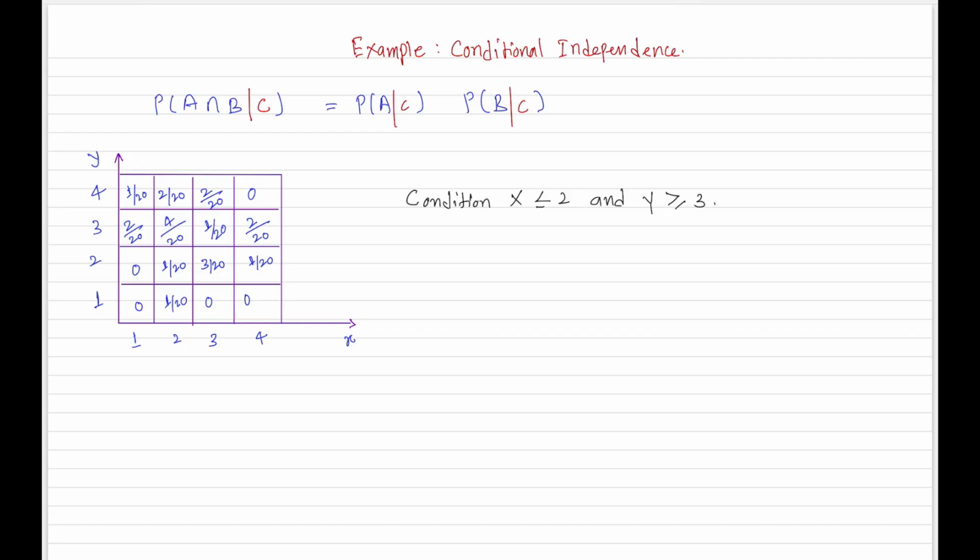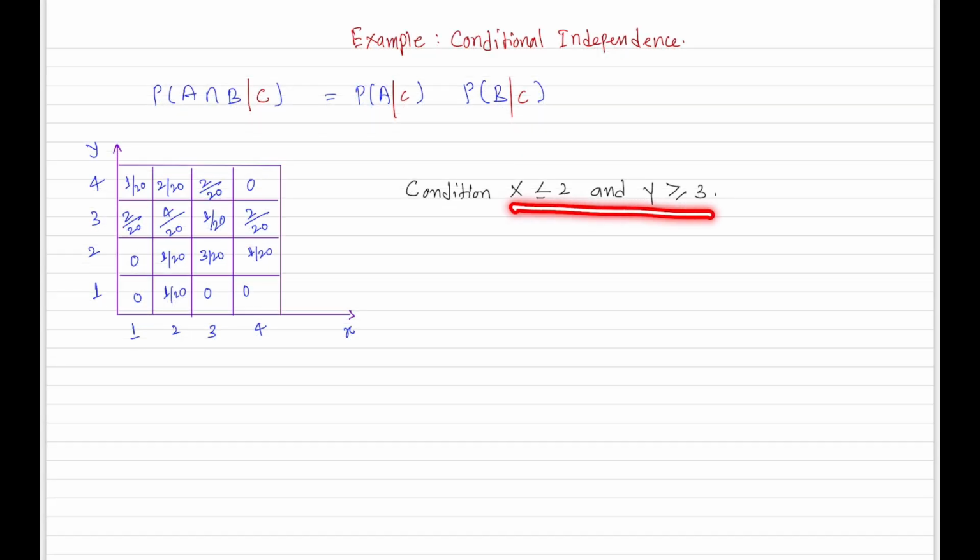So what we are talking about is random variable x less than 2, so less than 2 from here, and random variable y greater than 3, so greater than 3 from here. So basically we are talking about this section. We are given this condition, and under this condition we want to check: are random variables x and y independent?